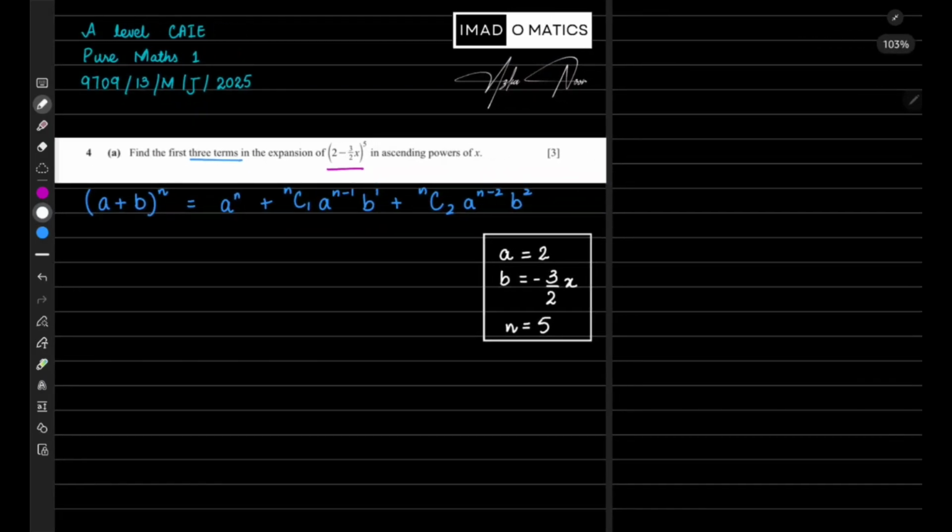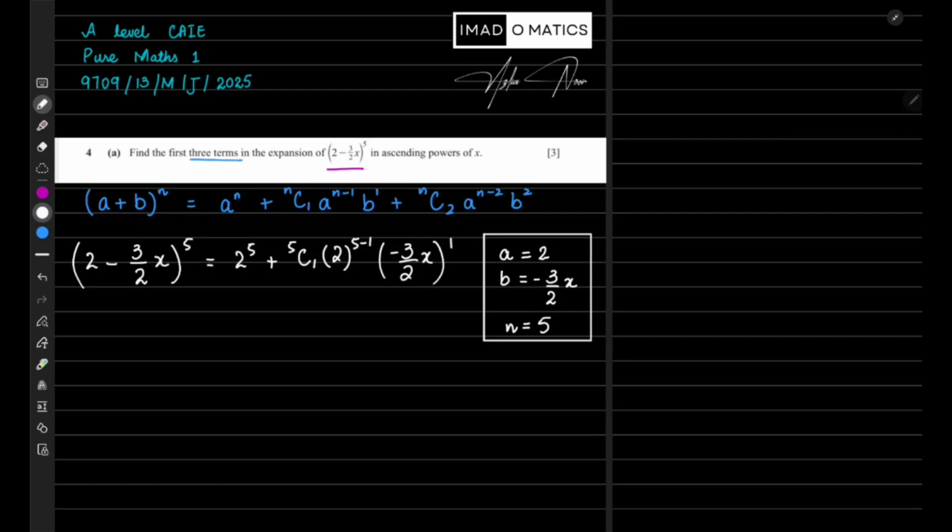now start solving it. So we have (2 minus 3 over 2x) whole power 5 equals 2 to the power 5 plus 5C1, 2 to the power 5 minus 1, and (minus 3 over 2x) to the power 1.